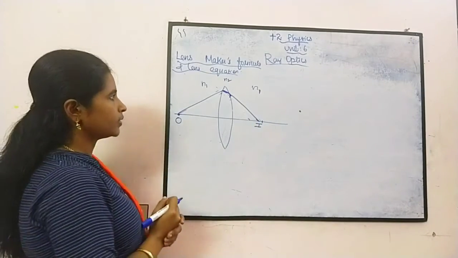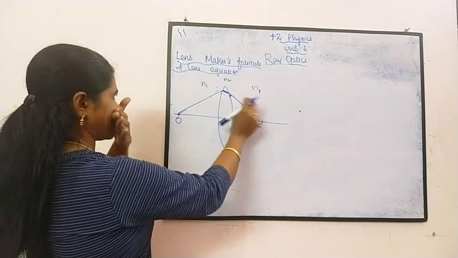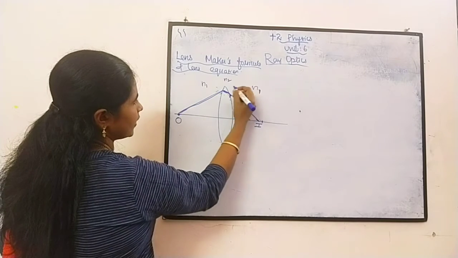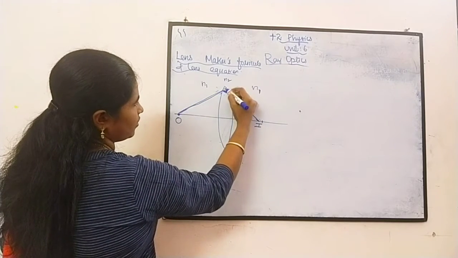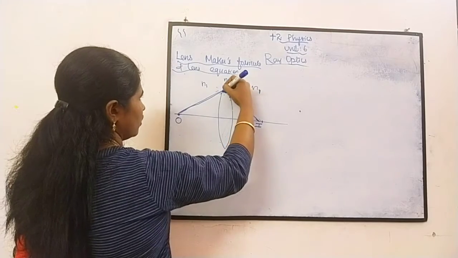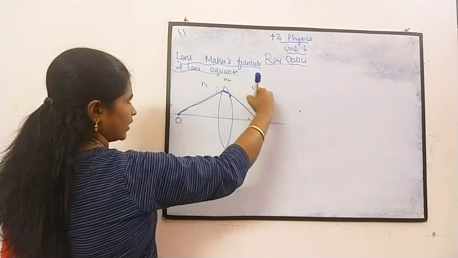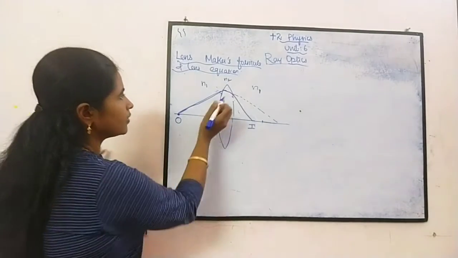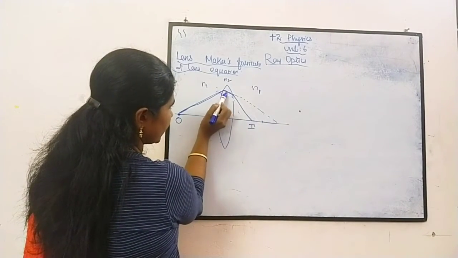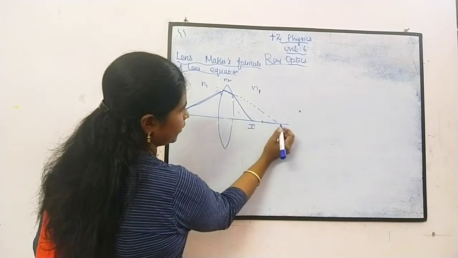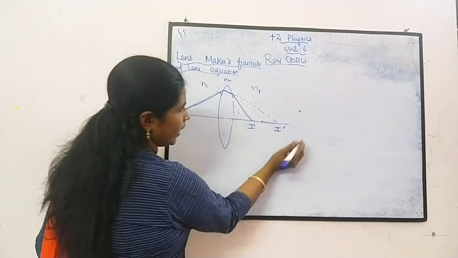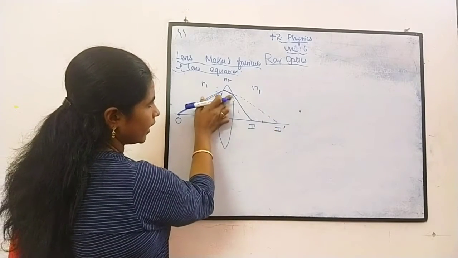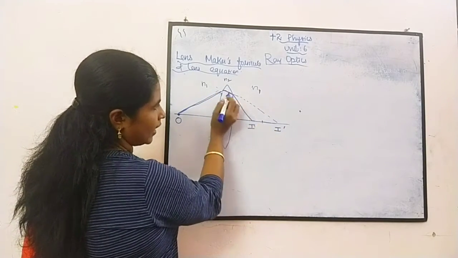But when you consider these two mediums, actually the ray should have gone like this. The actual image should have been formed here, but after getting diverted from here, it is coming here, while the actual path is this only.